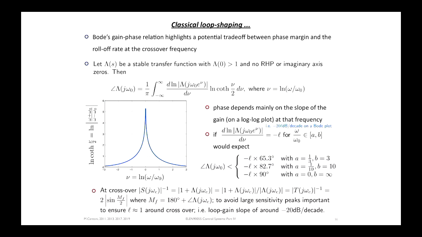So you want to make sure that the slope of the magnitude plot of the open loop transfer function is not much more than 1. If it's 2, then you're going to have nearly 0 phase margin. If it's 3, you're going to be on the wrong side of minus 180 degrees. So don't get caught up in the detail here.